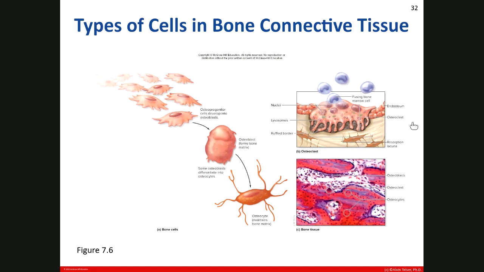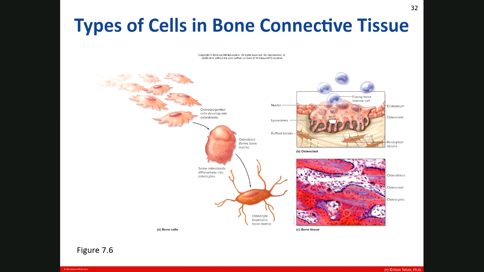The other cell which we have in the bone is called osteoclast. Here you can see the osteoclast. The osteoclast comes from another cell lineage. The osteoclast comes from the monocyte which we have in our blood. In our blood, we have a cell which we call monocyte.